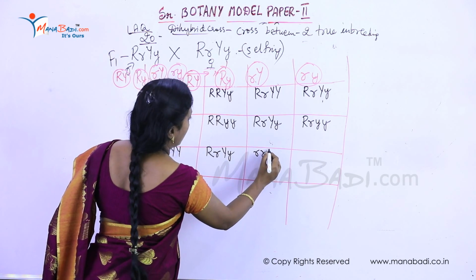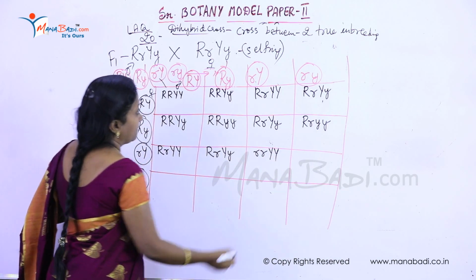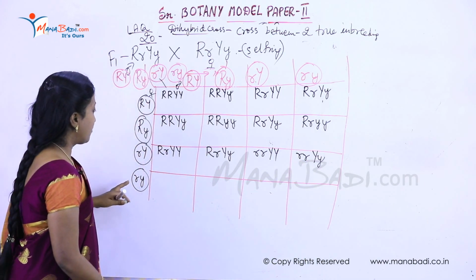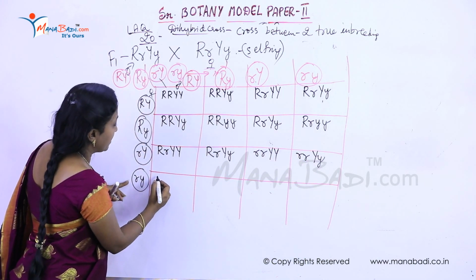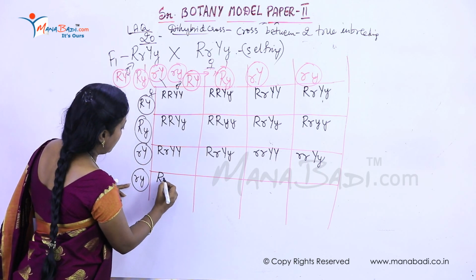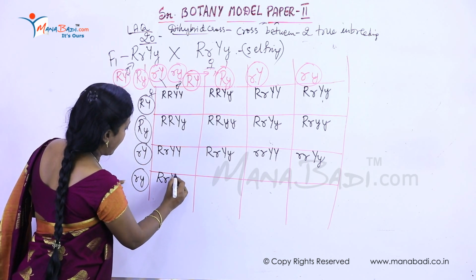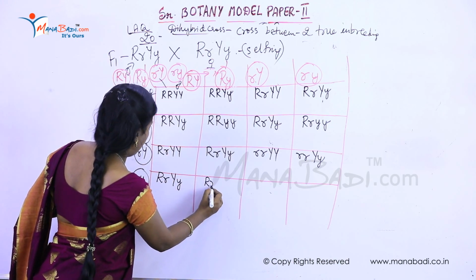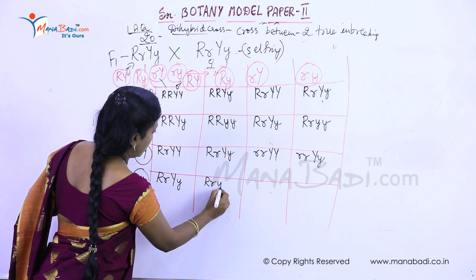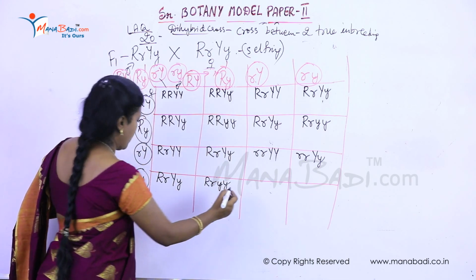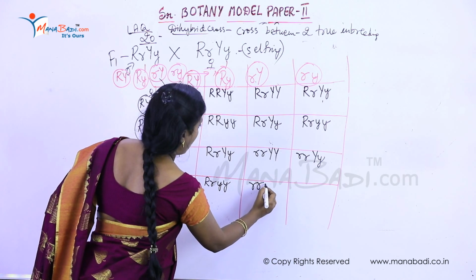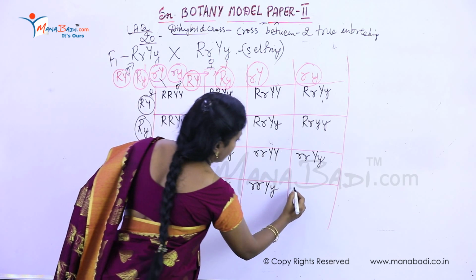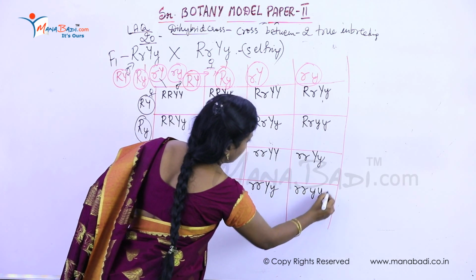Small r, small r, capital Y, capital Y. Small r, small r, capital Y, small y. Now coming to the last row fusion of the gametes. Capital R, small r, capital Y, small y. Capital R, small r, small y, small y. Small r, small r, capital Y, small y. Small r, small r, small y, small y.